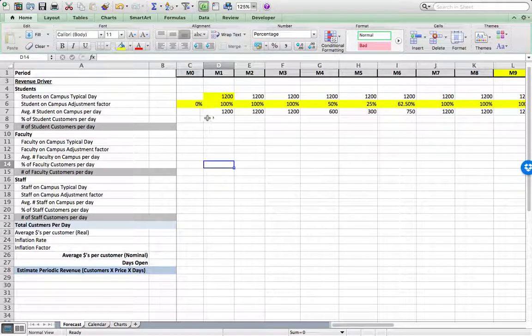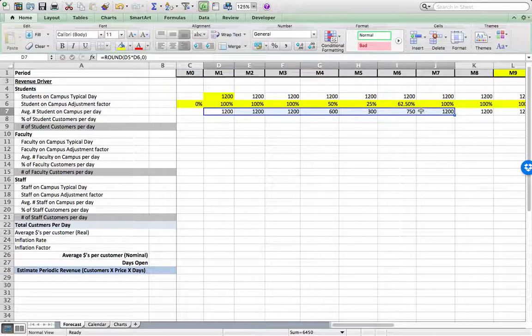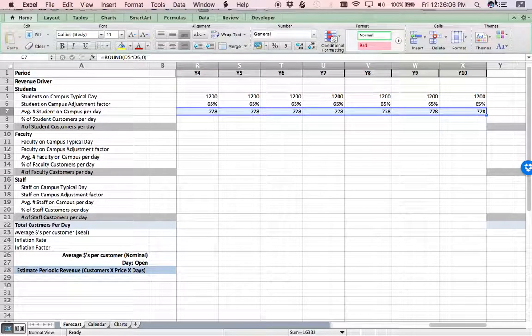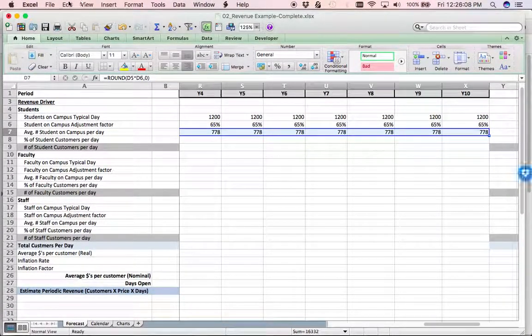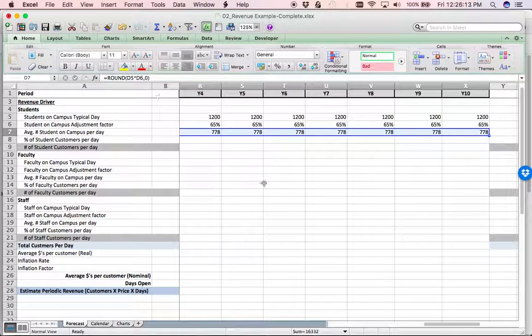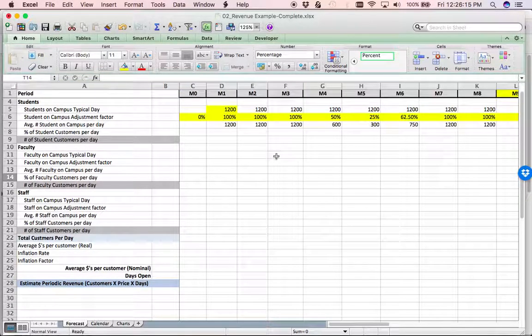Anyway, you want to fill those things. I think there's also an Edit menu that may take care of that. Edit, Fill, so you can go fill right. And if you'd highlighted a column, you could fill down.